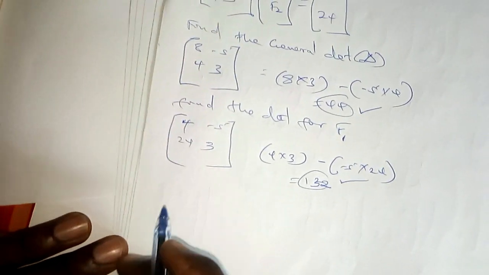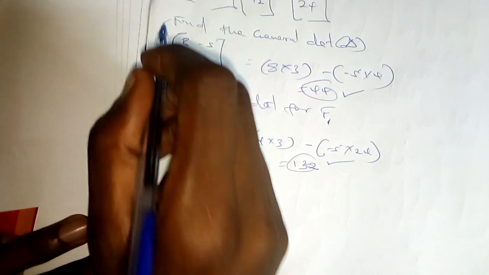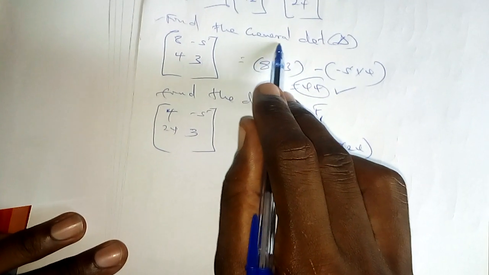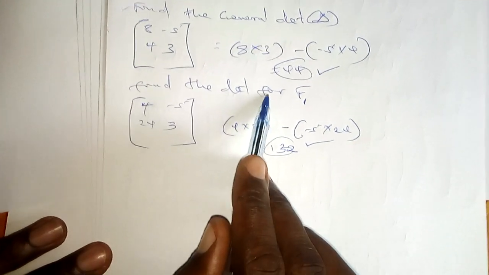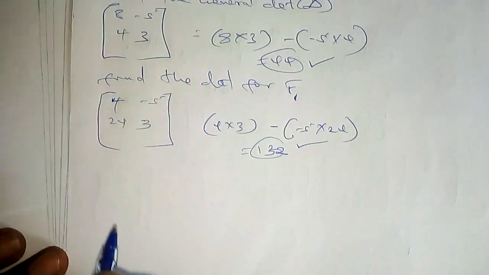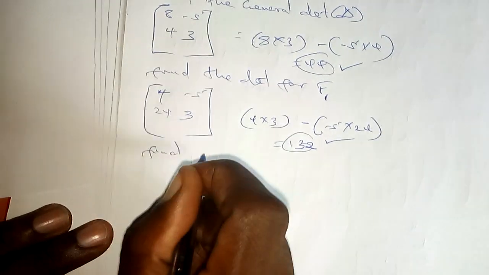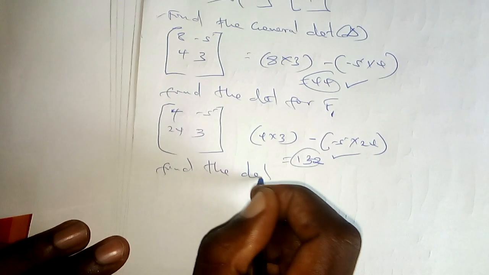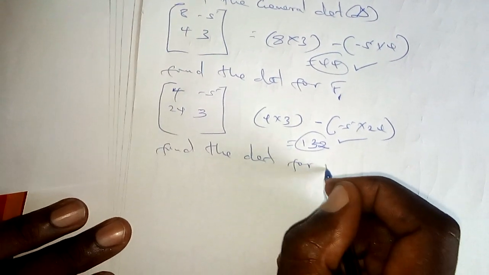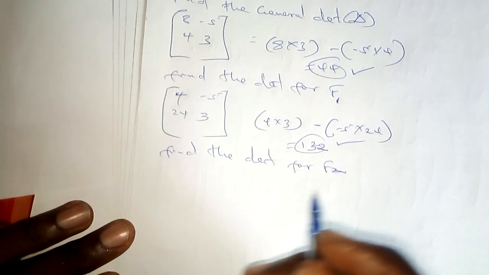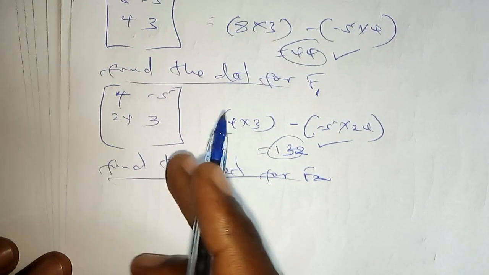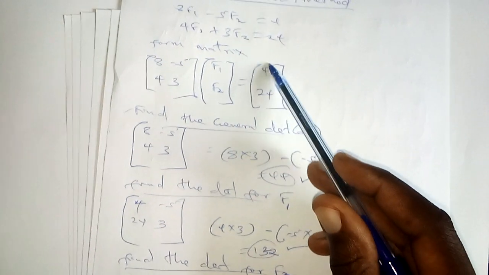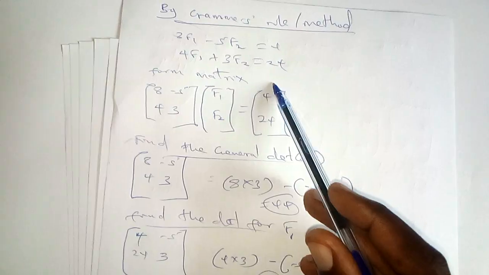The first one we found was the general determinant. Second, we found the determinant for f1. Now let's find the determinant for f2. Still we substitute the second column with the right hand side.